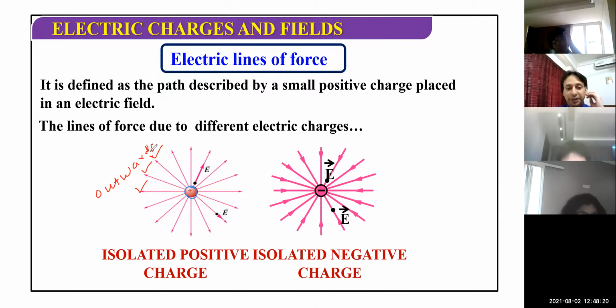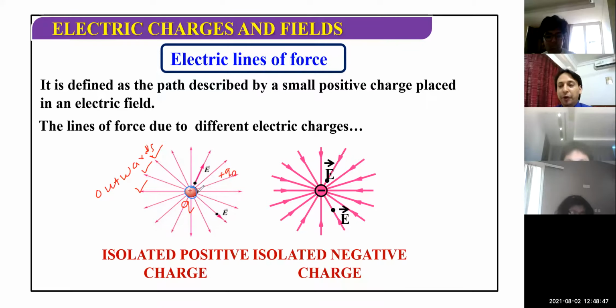And now the question is, if I place another charged body, suppose let me take this Q naught charge. I have placed this Q naught charge, another charged body, in the electric field produced by this plus Q.